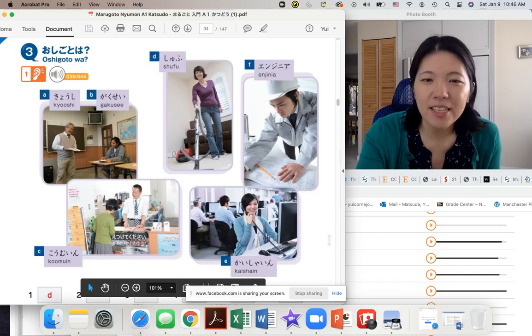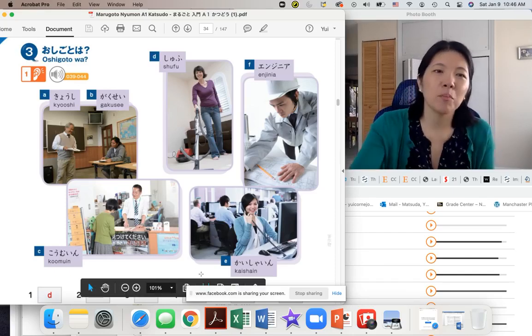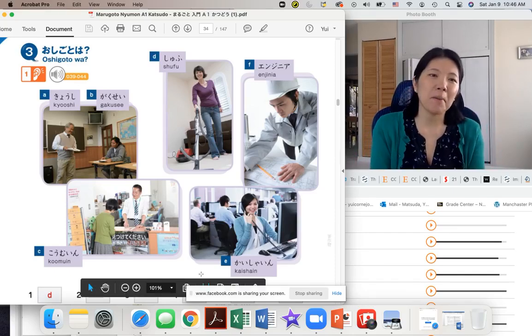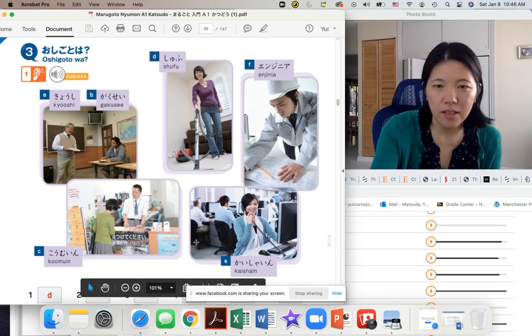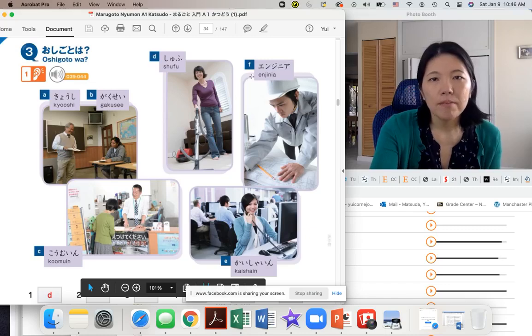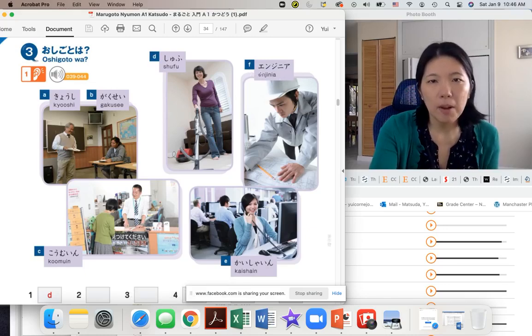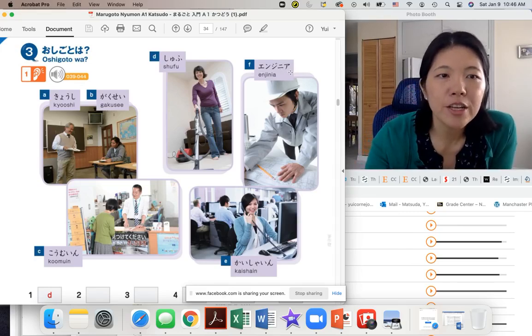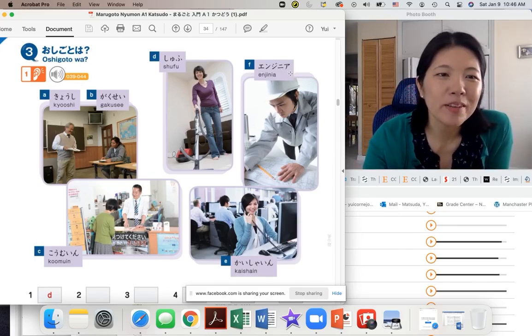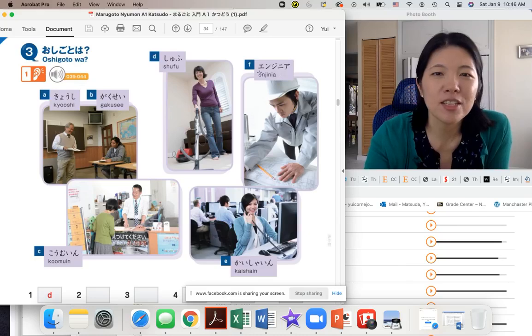And then 会社員. 会社員 is like an employee, not of a big company, but office work type of thing, as you can see in the picture. And then F is engineer. The engineer is a foreign term.